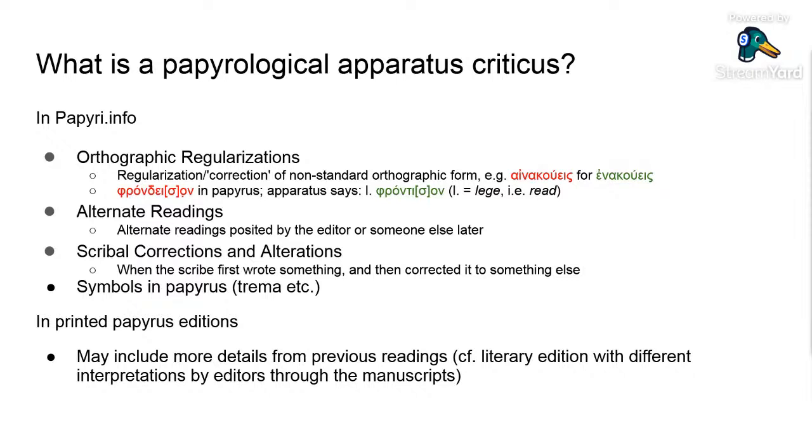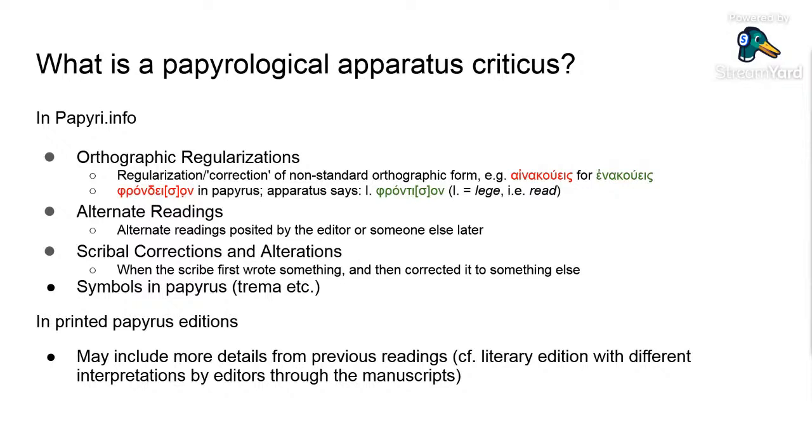In printed papyrus editions, we may have much more information in the apparatus. So there, the apparatus criticus, which the term is familiar to you in the literary editions, perhaps, where you can see different editors giving different interpretations of the original text by comparing different manuscripts.